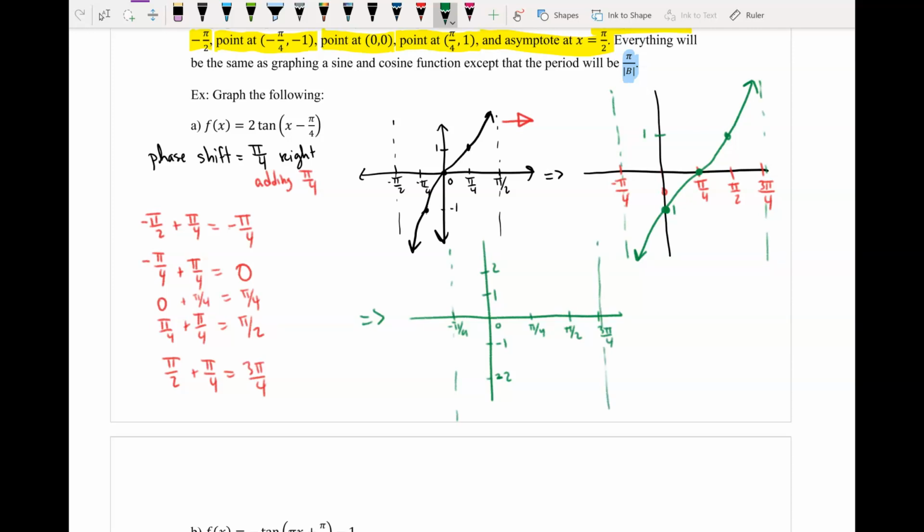Now this one, instead of 1, is going to be at -2. This one's going to be at 0, and the other one's going to be at 2. So everything is a stretch by a factor of 2. Right? So this is going to be my solution.